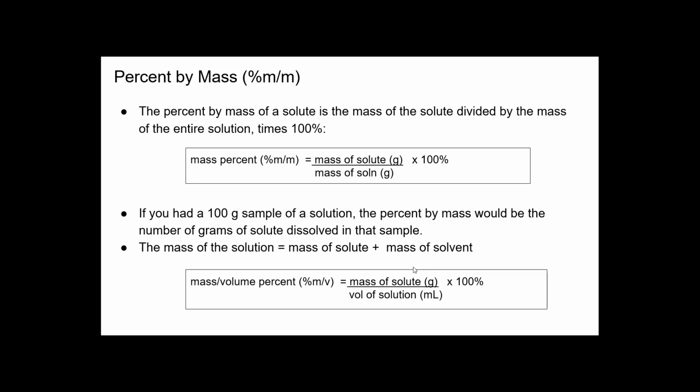And you have to remind yourself that it's a solution at the bottom in the denominator. It has to be both the mass of the solute and the solvent. In some cases, they may just tell you what the mass of the solution is, and then the work's already done for you. But if it's not, and they give you solute and solvent values, you have to add them together.